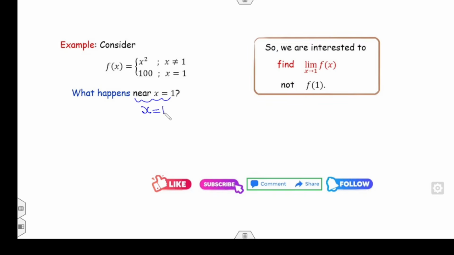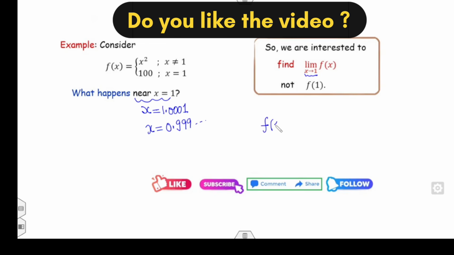That means x may be 1.001 or 0.999 and so on. That means we are talking about x approaches 1. Therefore, whatever the value of f(1), look at that: in this case, f of 1 is 100, it doesn't matter.